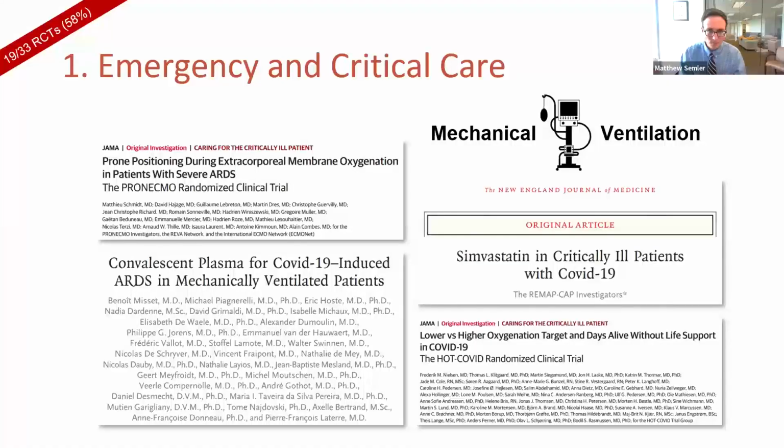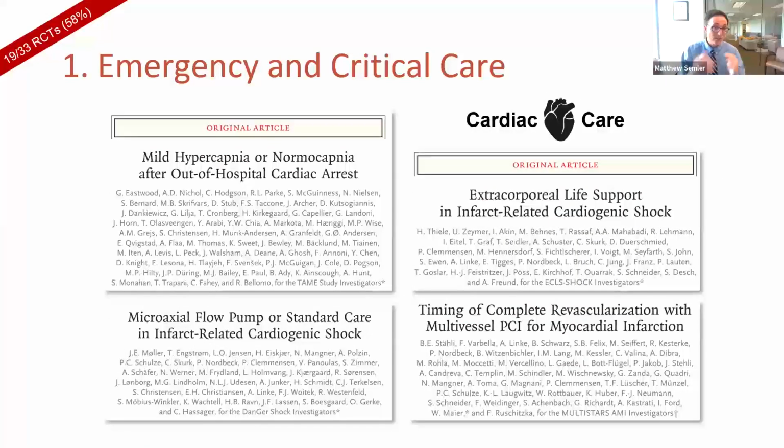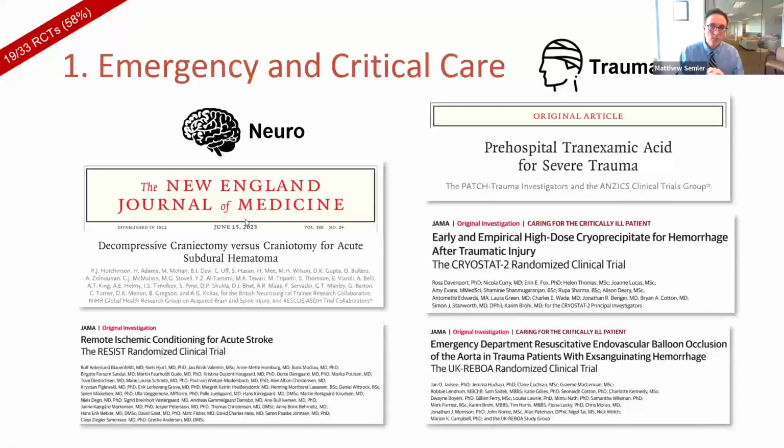Next slide. As you might imagine, in the emergency and critical care space, cardiac critical care was represented. So patients with out-of-hospital cardiac arrest, patients with cardiogenic shock or myocardial infarction were represented in these studies. Next slide. Patients experiencing a neurologic emergency or acute trauma.